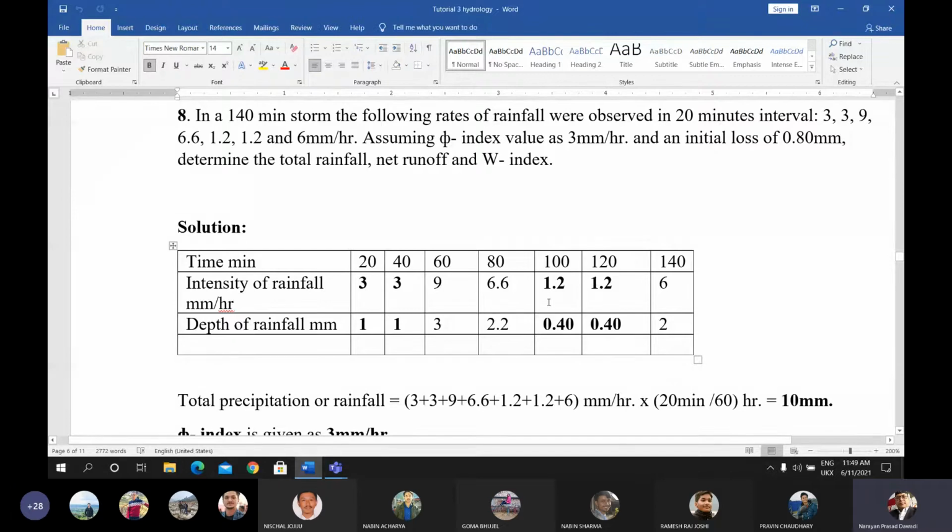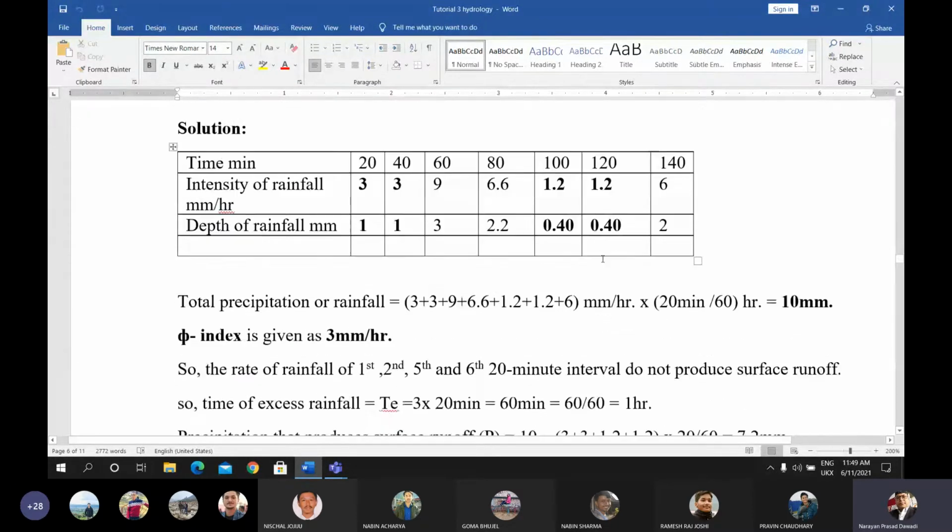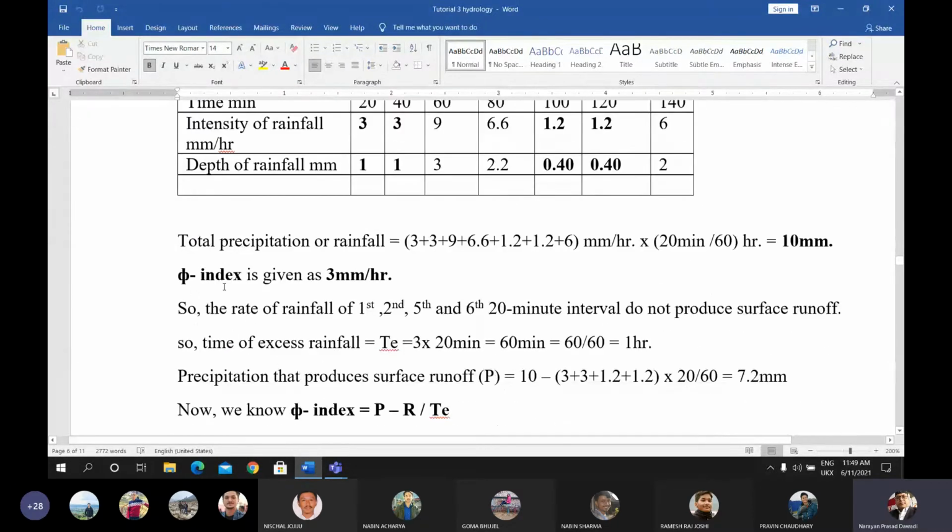So the first, second, fifth and sixth 20-minute intervals do not produce surface runoff because their intensity of rainfall is less than or equal to the phi index value of 3 mm per hour.